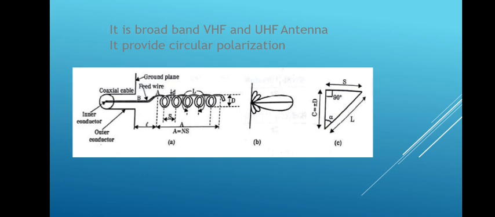Now, what is the other way to increase the radiation resistance of the antenna? The other way is to increase the reactance part, that is, a ferrite material should be inserted inside the wire, so the reactive part increases and we get the maximum radiation resistance.